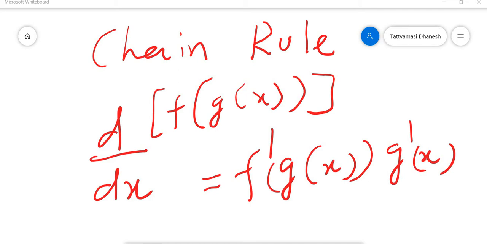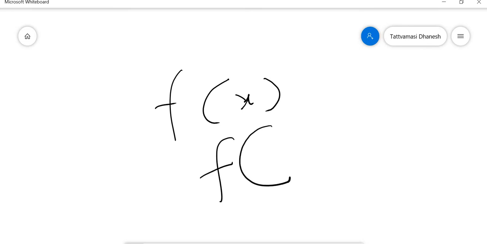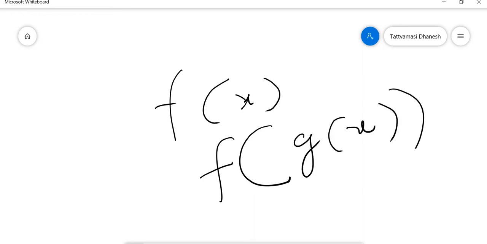When it comes to f of x, it is easy: you differentiate the function of x. But when it comes to a function of another function, g of x, the chain rule comes into the picture when we differentiate it.